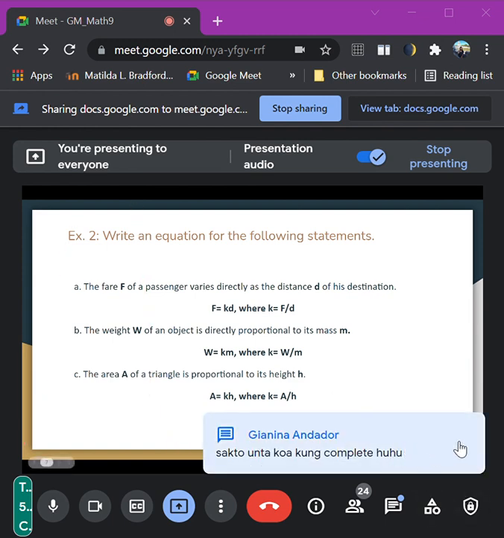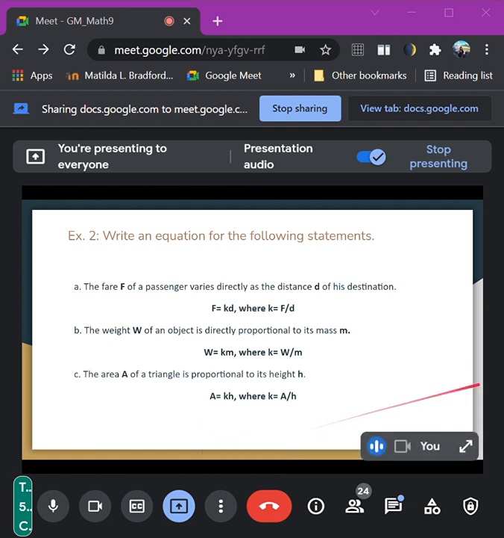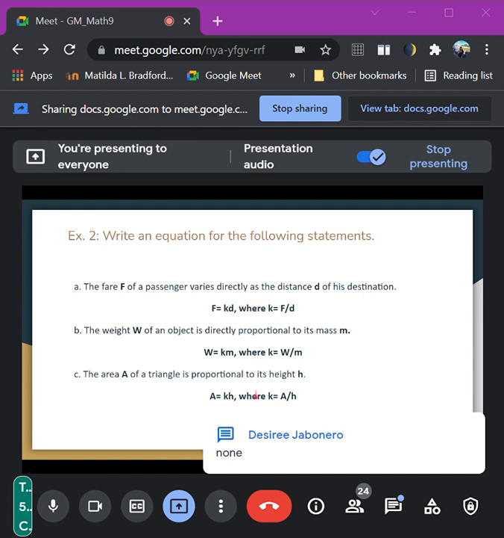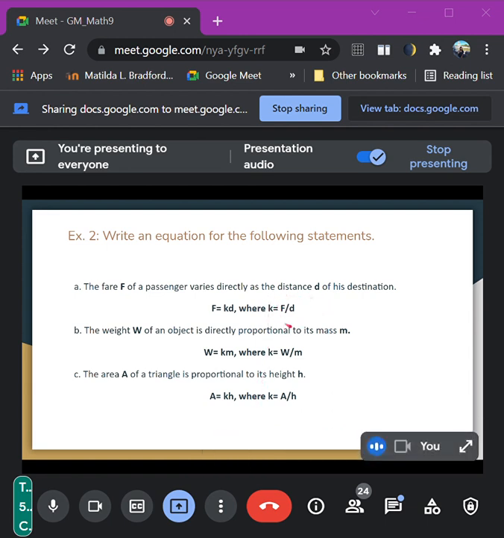Remember, that K there is the constant. When you divide, that is how you're going to get the constant.